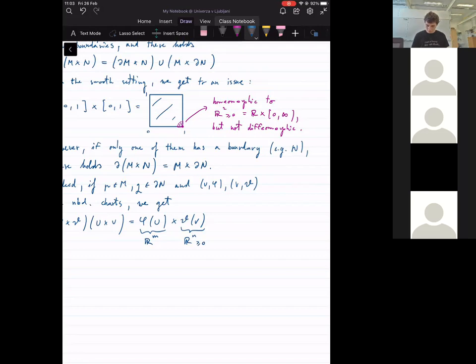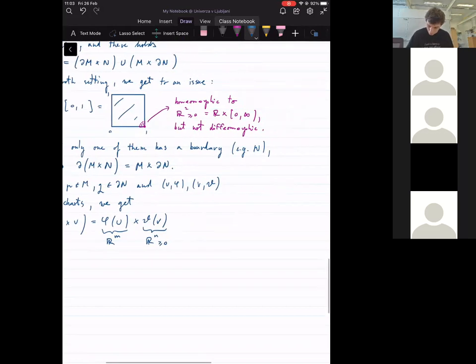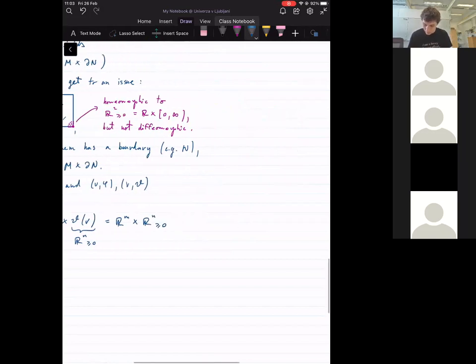So this is R^m times R^n greater or equal to 0. But now this is diffeomorphic to R^(m+n) greater or equal to 0.